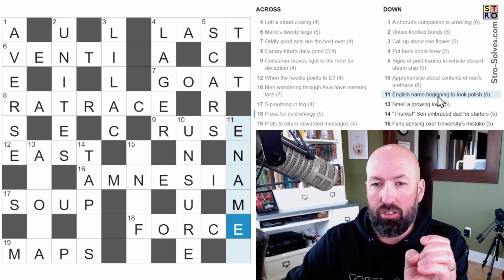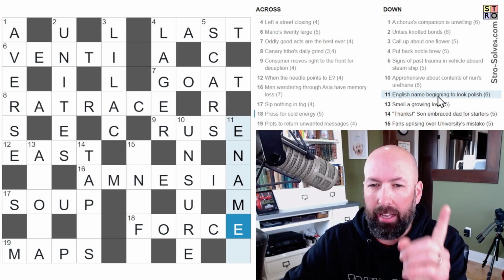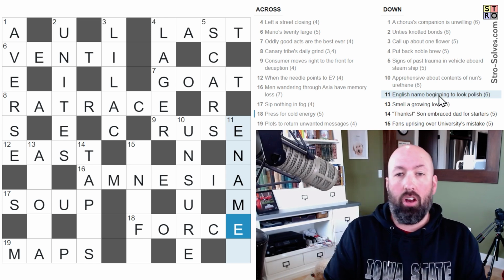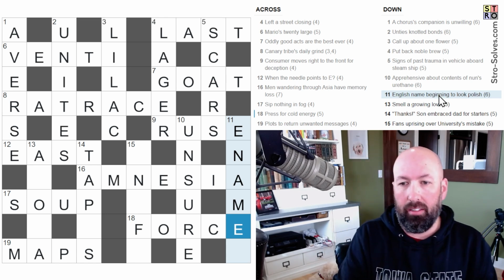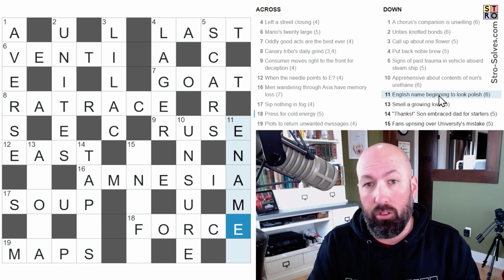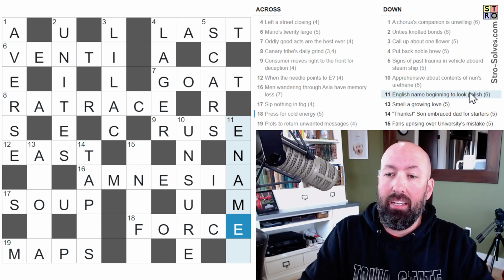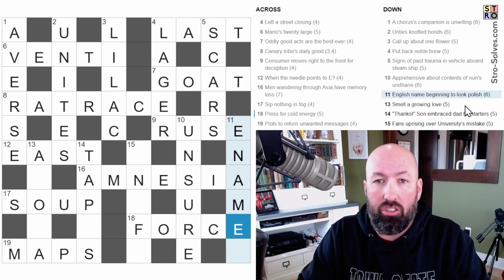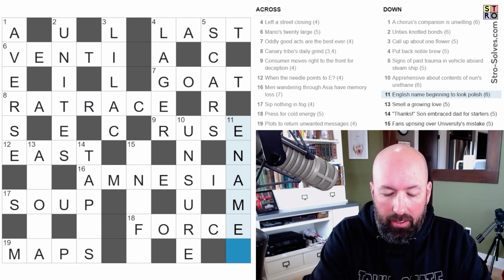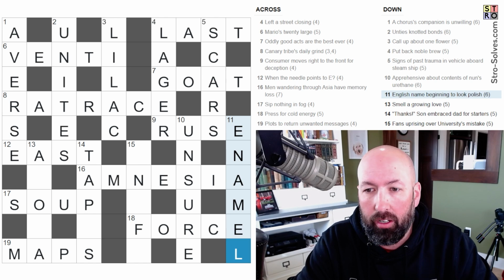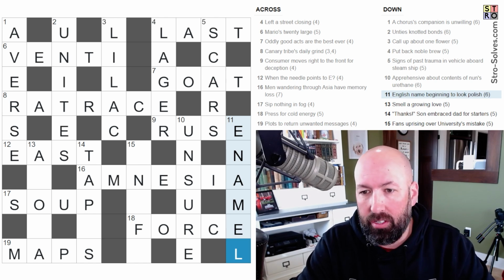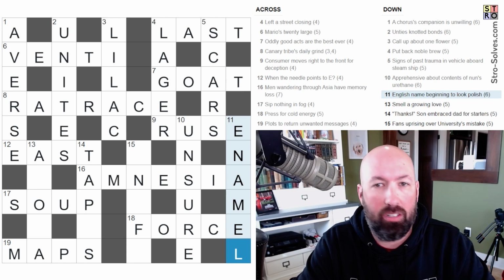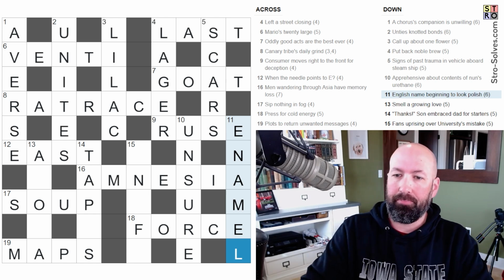Again, beginning to should make you think it could be just the start. If you get the end of, or ultimately, or finally, you should think of the last letter. Beginning to look is just the letter L, right? L is the beginning to the word look. So we have an E for English, the word name, the beginning to look, which is an L, and we get enamel, which is another word for a polish.